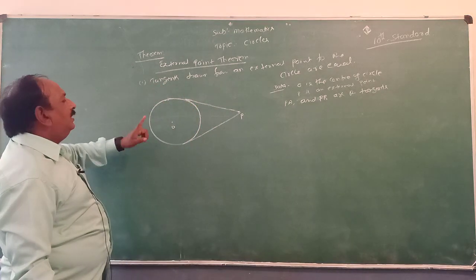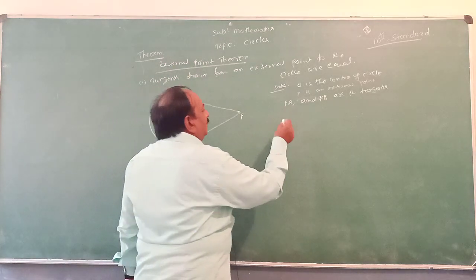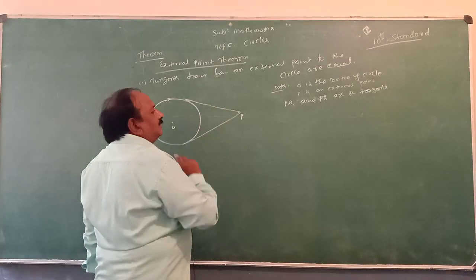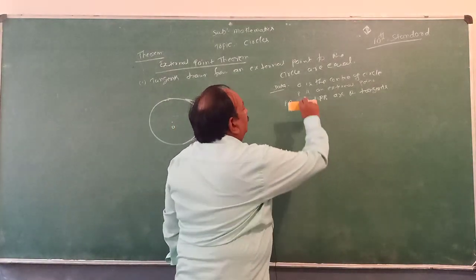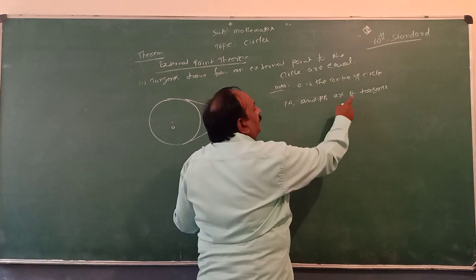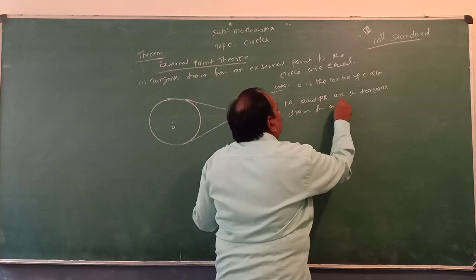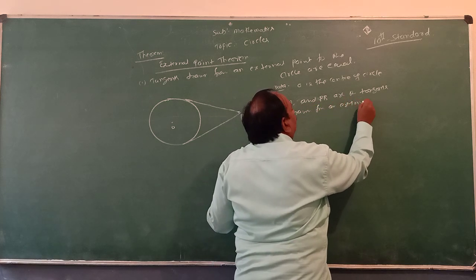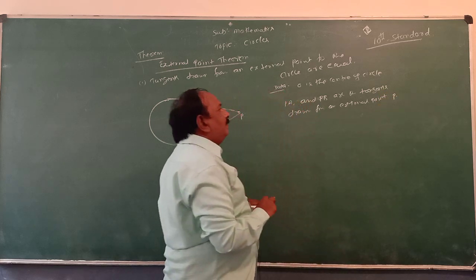P is an external point. PA and PB are the tangents drawn from an external point P.